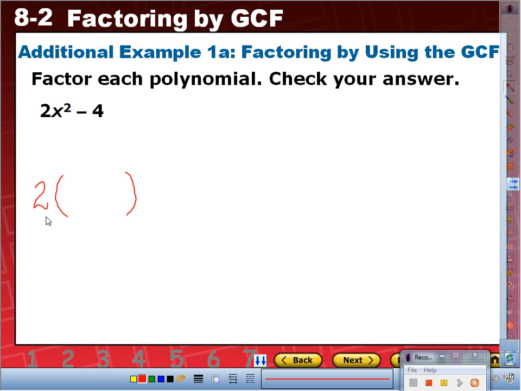Then step 2, rewrite it so that you write your GCF and the remaining expression. Since we said we're factoring, what did we say factoring meant? Divide. So what is 2 divided by 2? 1, and I'm left with x squared. What is negative 4 divided by 2? Negative 2.